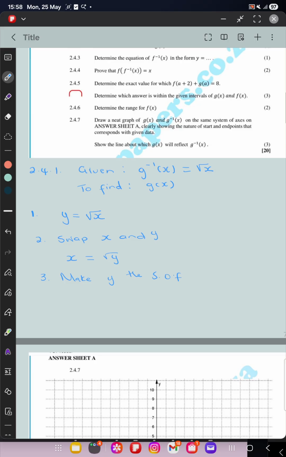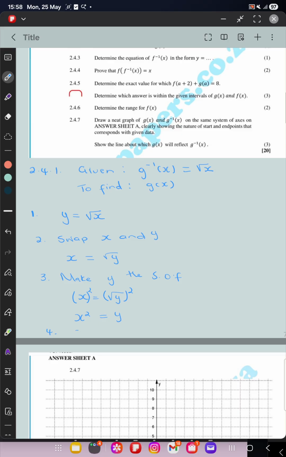Done. Number three, I am going to make y the subject of the formula. How do I make y the subject? My y is in a square root, so I'm going to square both sides to take the y out of the square root. So I'm going to have x squared equals y. All right. Number four, I'm going to change the y into a g because that's what it's named.